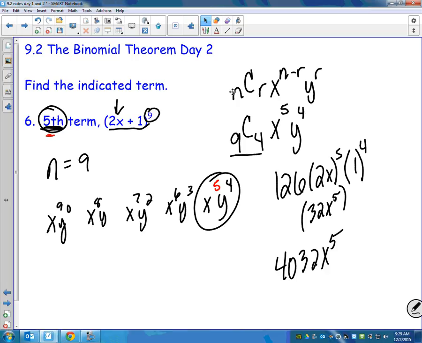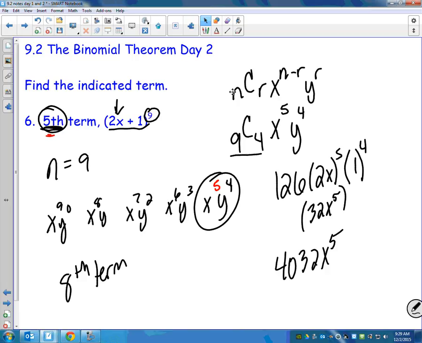So would that work if I wanted to find the 8th term? That would just be y to the first, though. Is that true? That's not true, though, right? You see what I'm saying? That's how I'm thinking about it. That's why I did that as well.